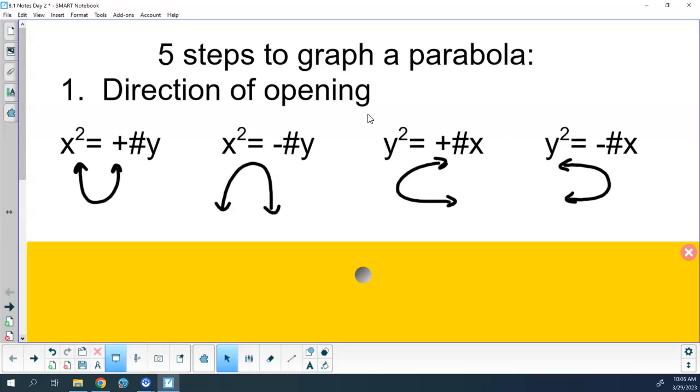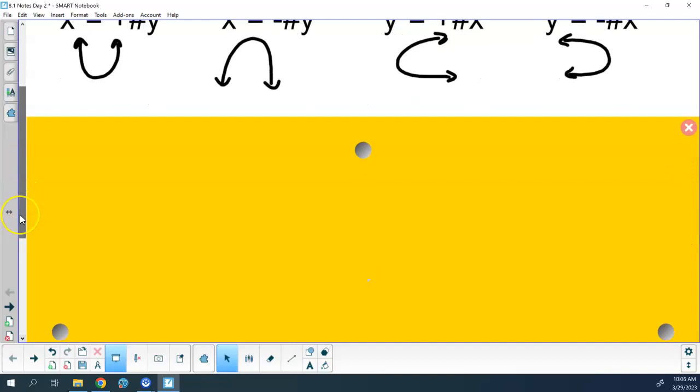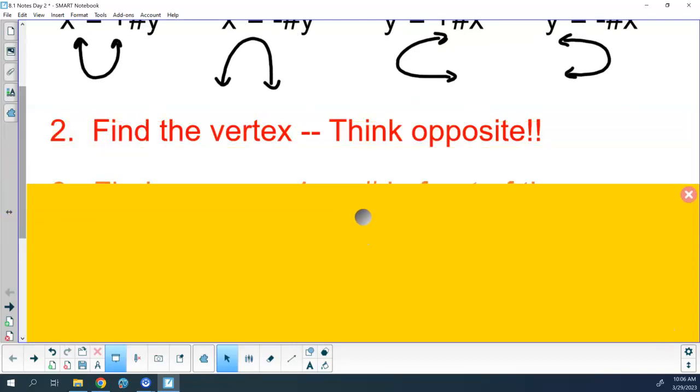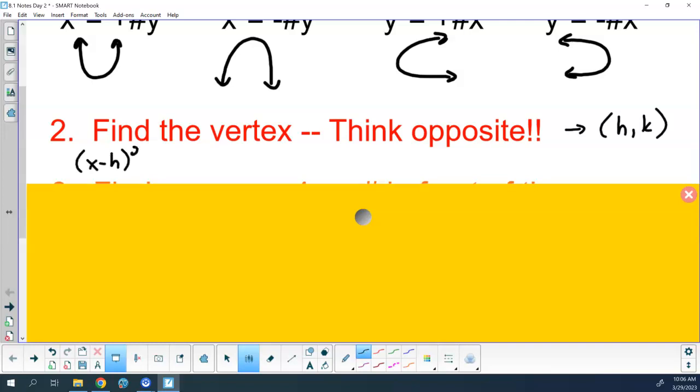Every single time. Right. So it's h comma k is the vertex, and we find that by looking at the general forms, which I'll write here. So the vertex would be at h comma k, and so that would be x minus h quantity squared.